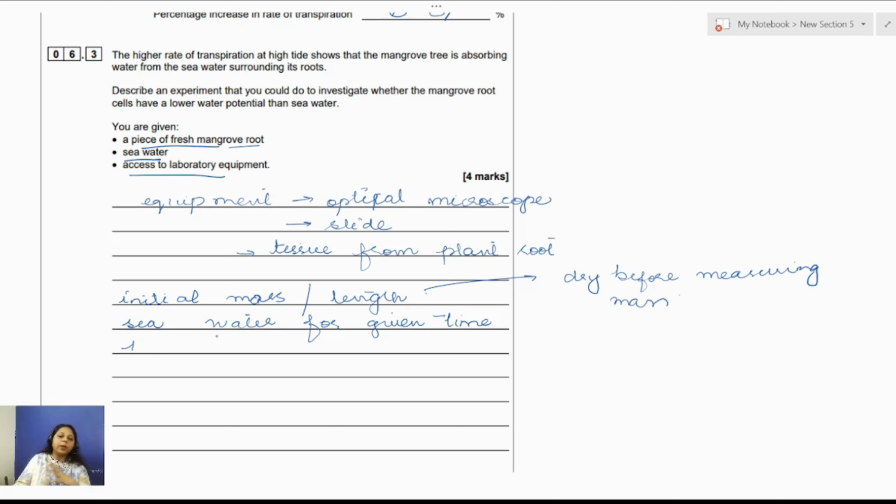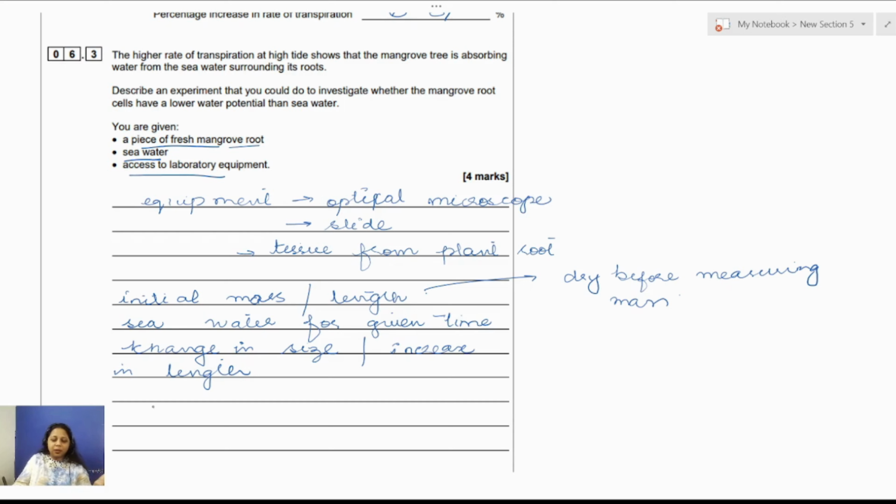Okay, after we have placed this in seawater, now we have taken it out from the seawater. The very first thing that we need to determine is the change in size or mass, or increase in length. So the increase in size and length shows that osmosis occurs. Now, you have used this optical microscope.